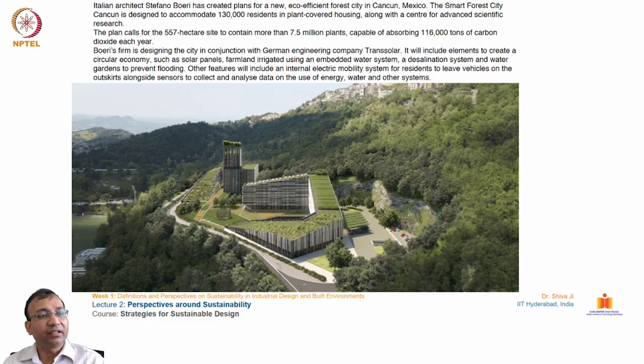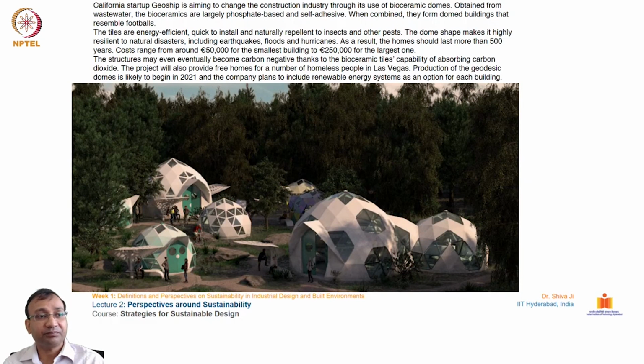So you can see this terrace gardening and fins on the surface of the building, and strategically the orientation and form of the building is such that it allows light, heat, and visibility to the outside.